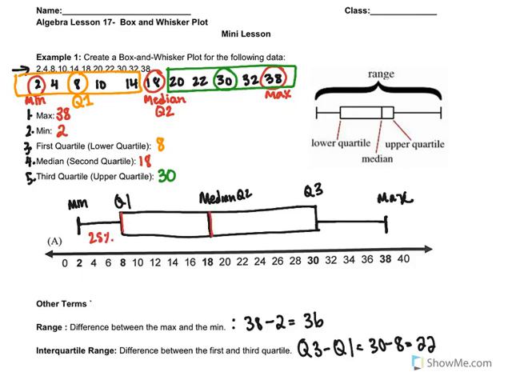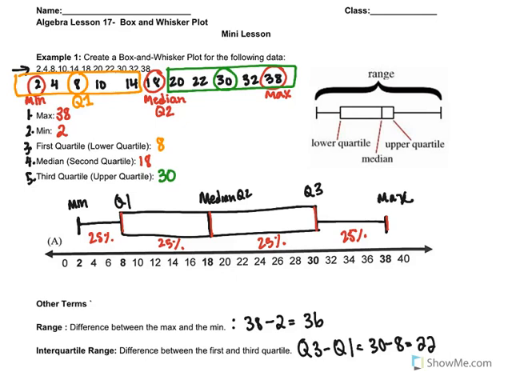Between the first quartile and the median, that's another 25% of my data. Between the median and the third quartile, that's another 25%. And between the third quartile and the max, that is another 25% of my data, right? Because we broke this set of data up into 4 different quarters. We went to the middle, then took the middle of one of the halves, and took the middle of the other half.